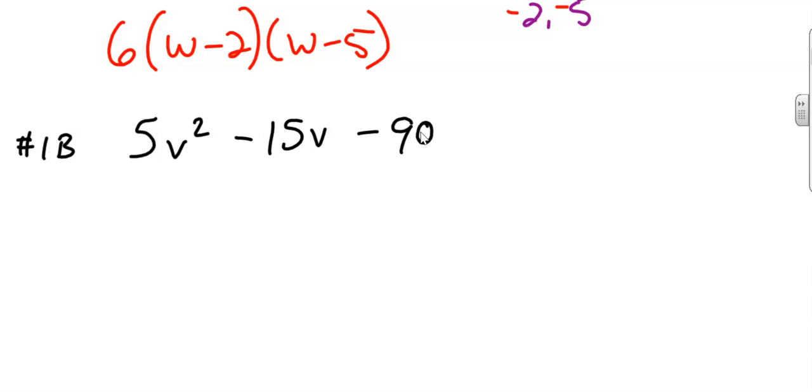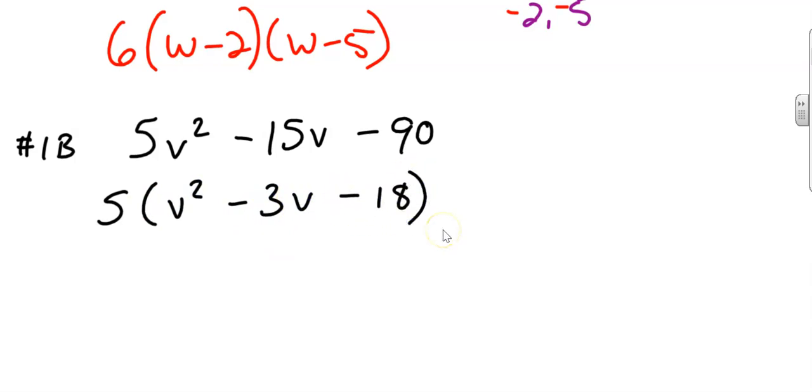And again, they go ahead and tell you that you're going to be factoring out the constant, so we're going to go ahead and check it. We can divide them all by 5. So it makes it v squared minus 3v minus 18.